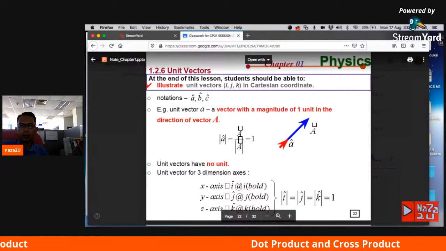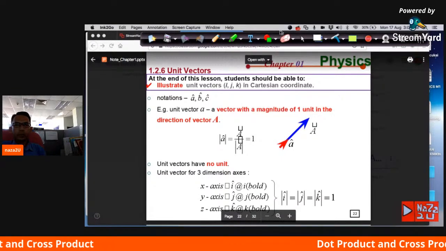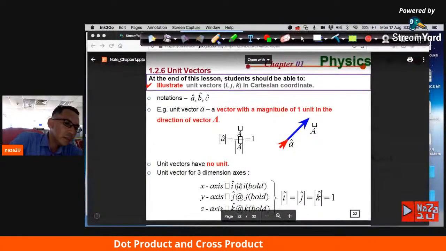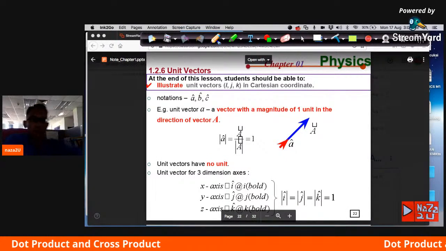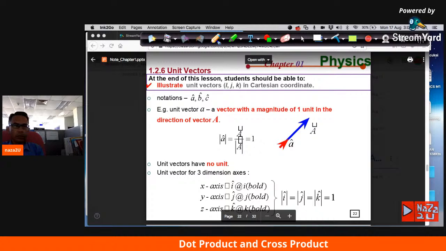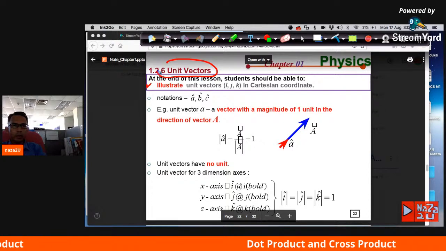Unit vector. Right, this is a unit vector.